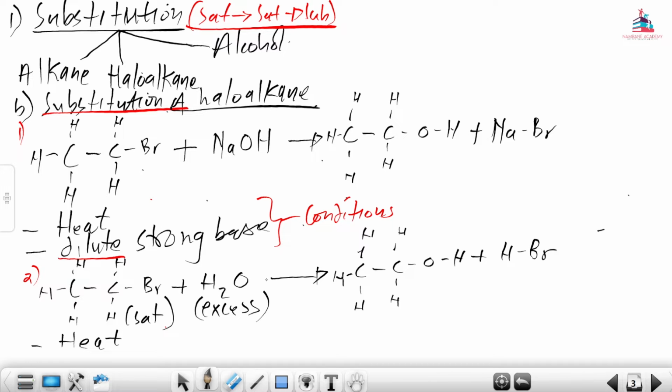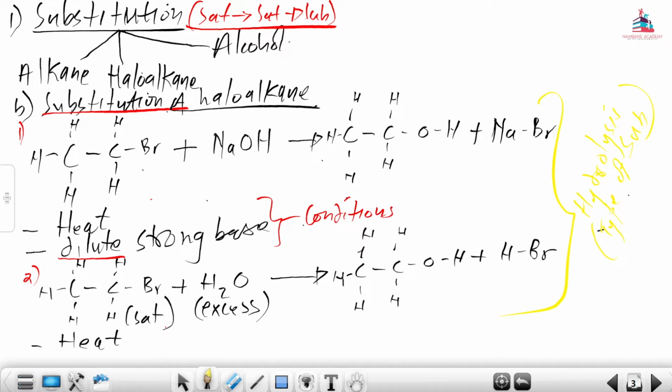So now this, it's a type of substitution also that is known as hydrolysis. So it's a type of substitution reaction.